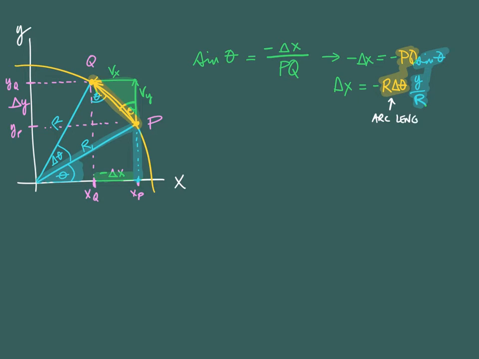So hopefully you remember that arc length was S equals R theta. We did that a while back. You would have done that in your trig or pre-calculus class. That was a prerequisite here. For a small enough change in angle theta, the arc length, the curvy length of the circle, and the straight line distance between them is the same.